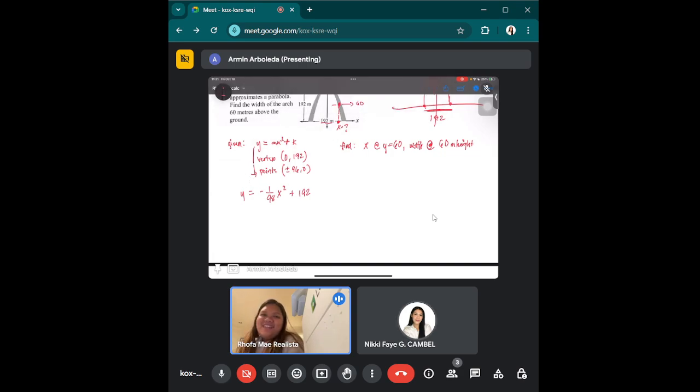What do you think we should do with the equation? We're gonna substitute the given here, which is 60, to find x. So y is equal to 60. Substitute it: 60 equals negative 1 over 48 x squared plus 192. Do you know how to do shift solve sa calculator?